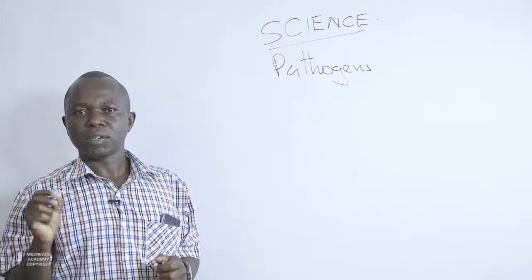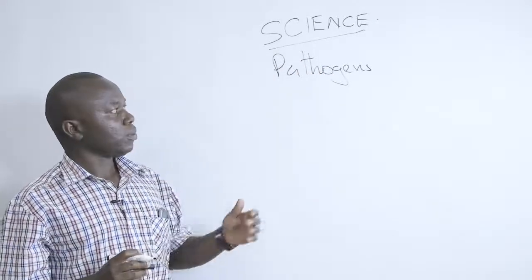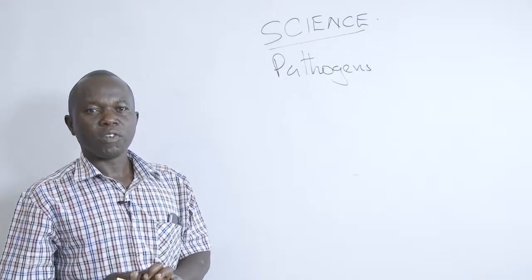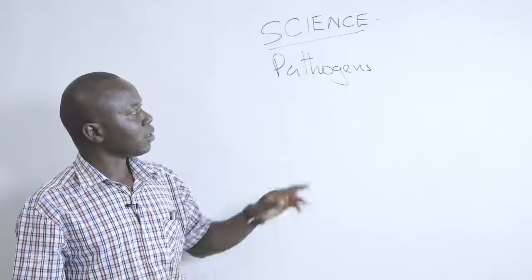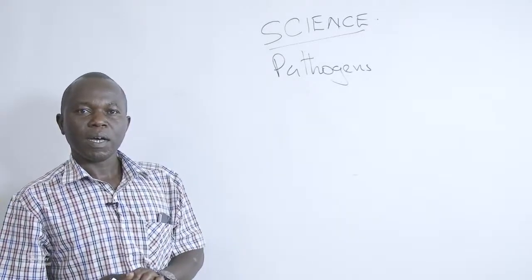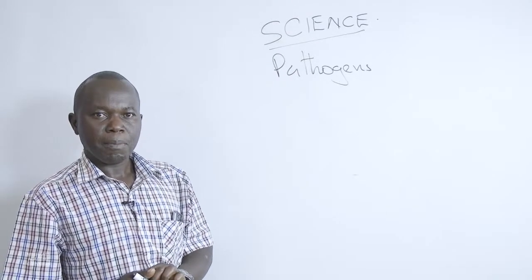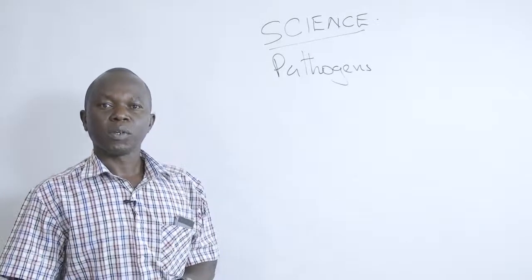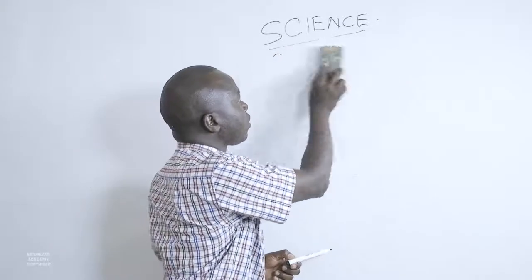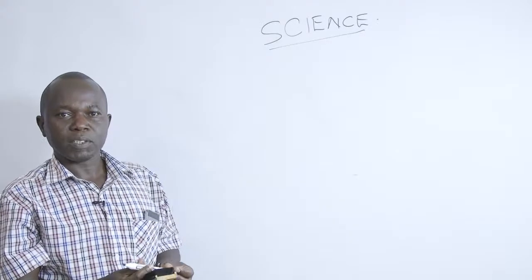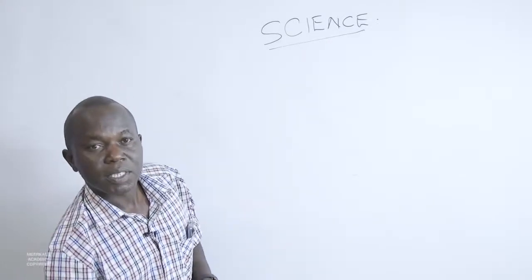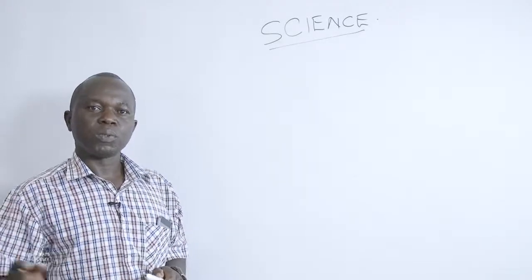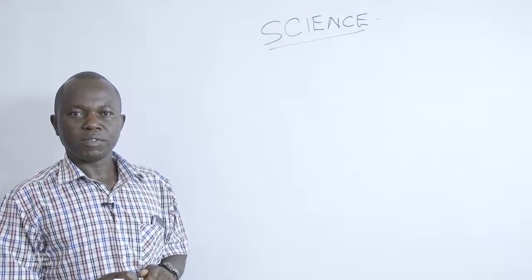So any disease-causing microbes that will invade our bodies and then cause malfunctioning of different body parts and systems, we refer to them as pathogens. But again, we said for these microorganisms to cause diseases or to be classified as pathogens, they must be transferred from the source to the body of an individual.